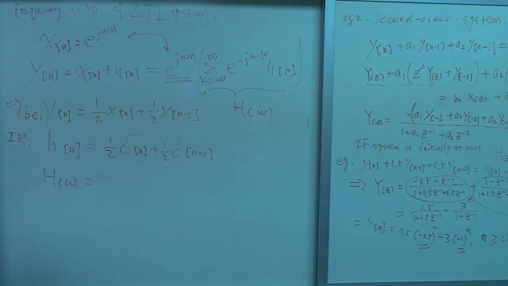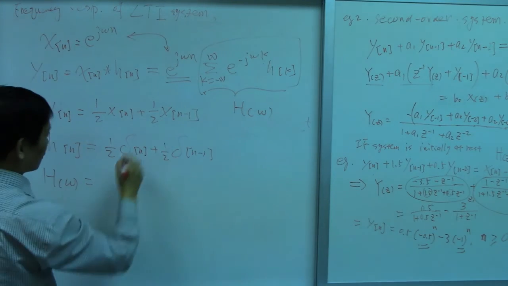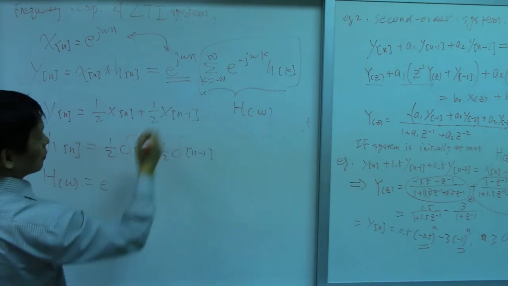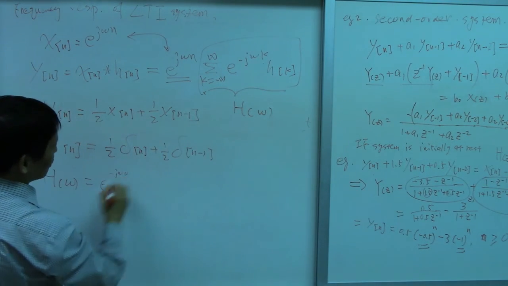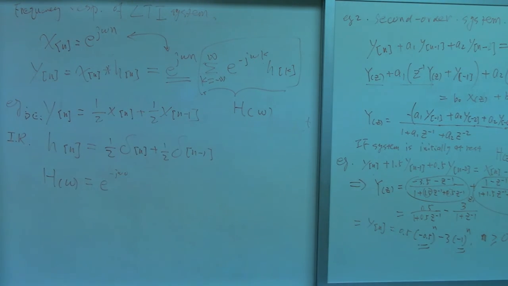What are the 2 terms? k equals 0 and 1, right? So when k equals 0, that one equals e to the negative j omega 0. Then what is h[0]? What is h[k] when k equals 0?